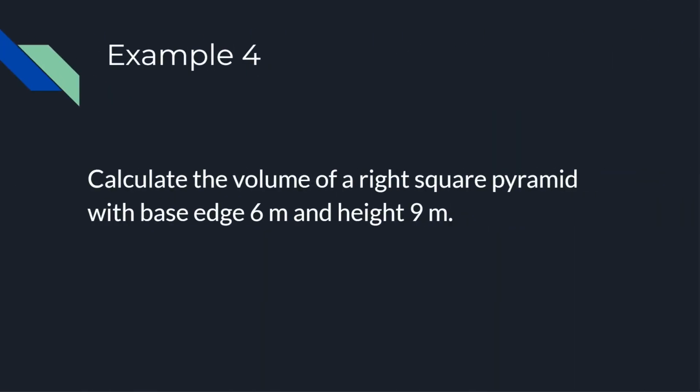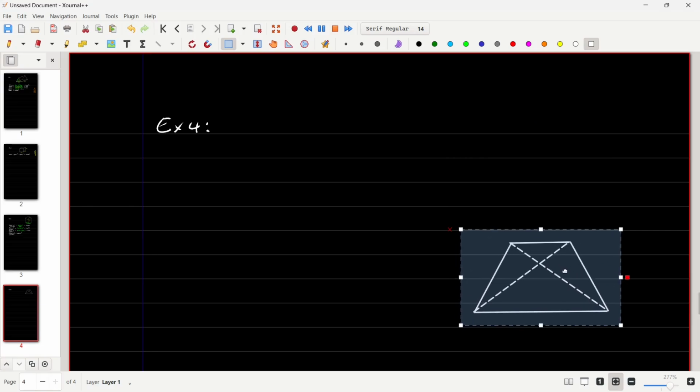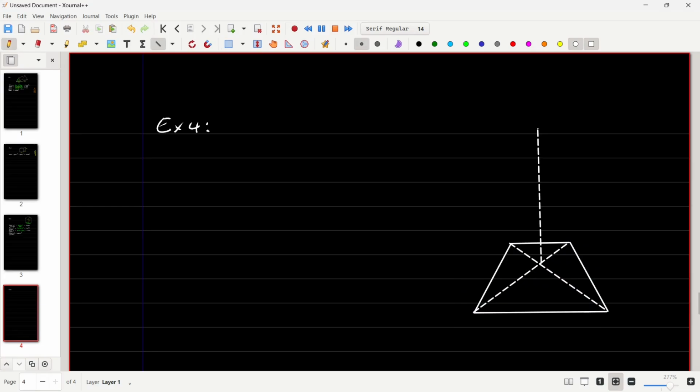We're required to calculate the volume of a right square pyramid with a base edge of 6 meters and a height of 9 meters. Let's work out the volume.